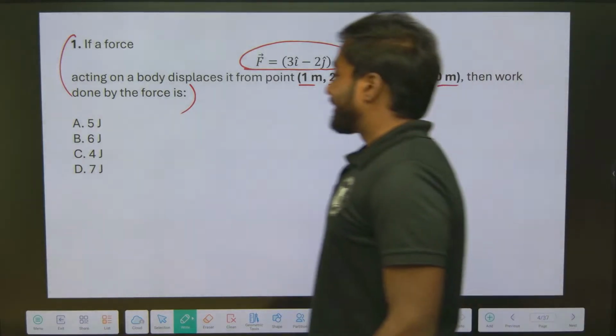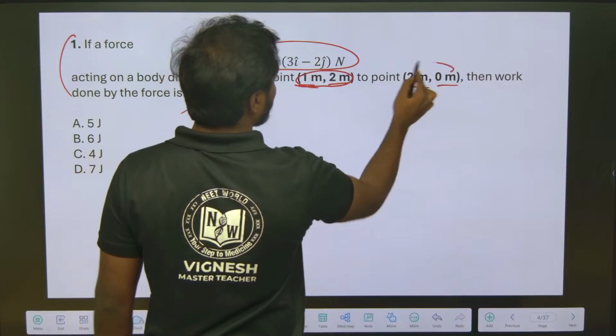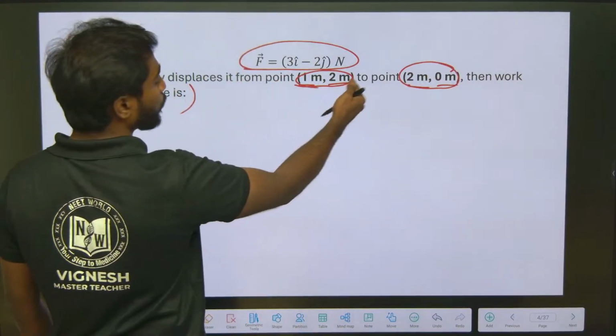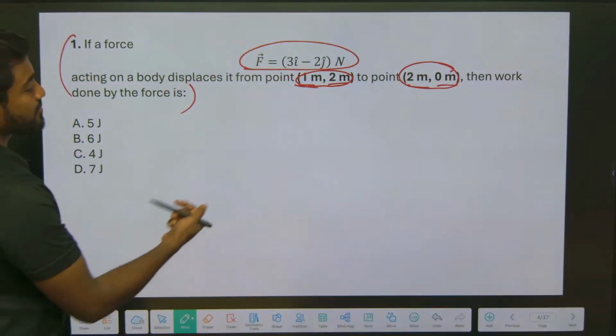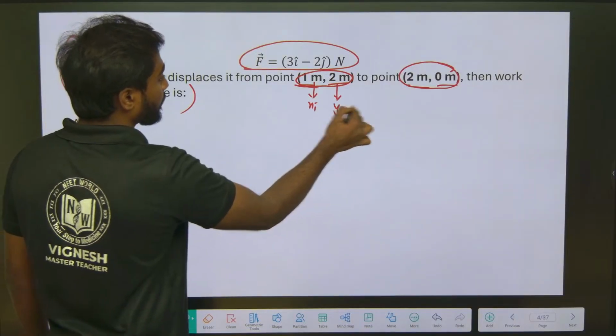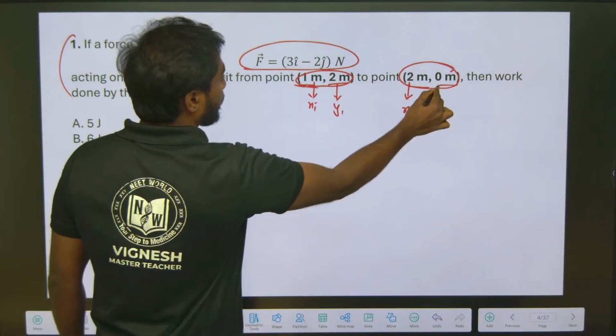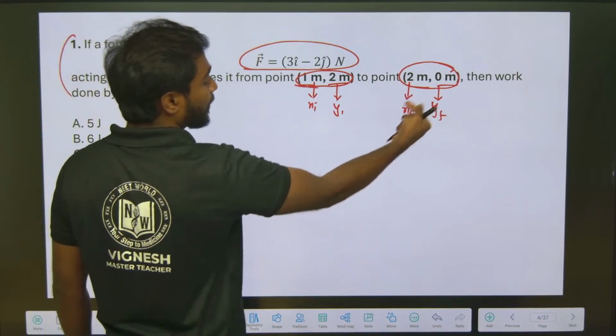Okay, let me give a hint. The positions are 1 comma 2 to 2 comma 0. So I can say xi, yi and xf, yf, x initial, y initial, x final, y final.